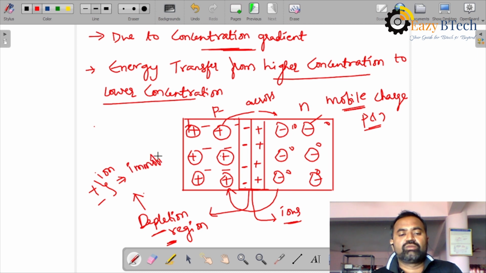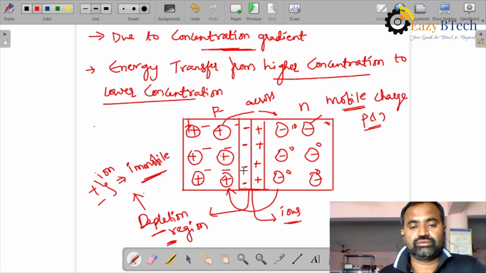There is no further movement. This is the unbiased condition. We are not giving any supply voltage to the PN junction diode externally.